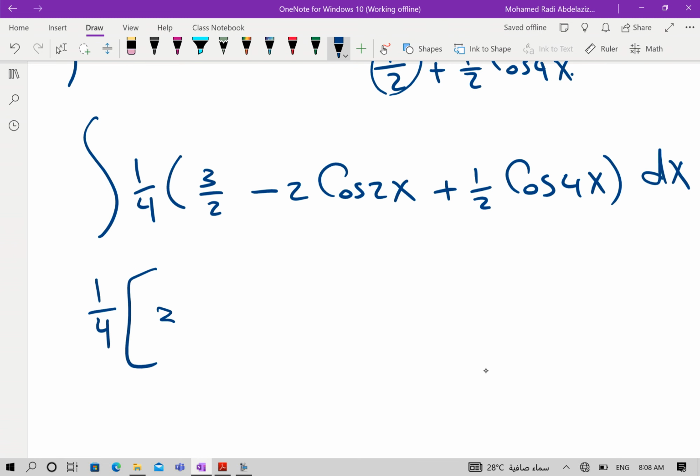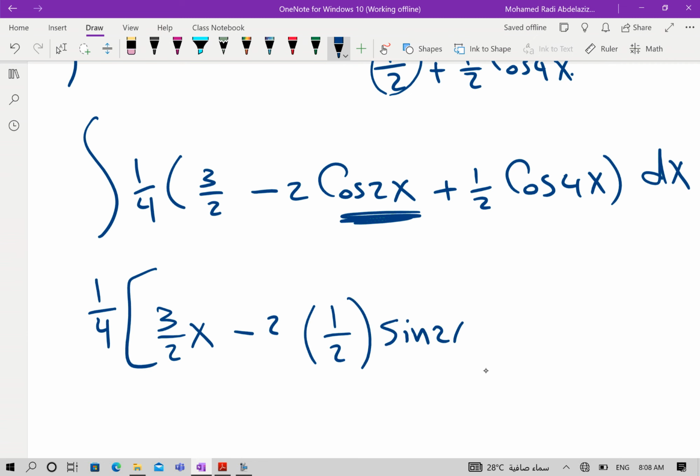Integrate 3 over 2, it will be 3 over 2x minus 2. How to integrate cosine 2x? 1 over a, 1 over 2. Then sine 2x plus half, 1 over a, which is 4. Then sine 4x all plus k.